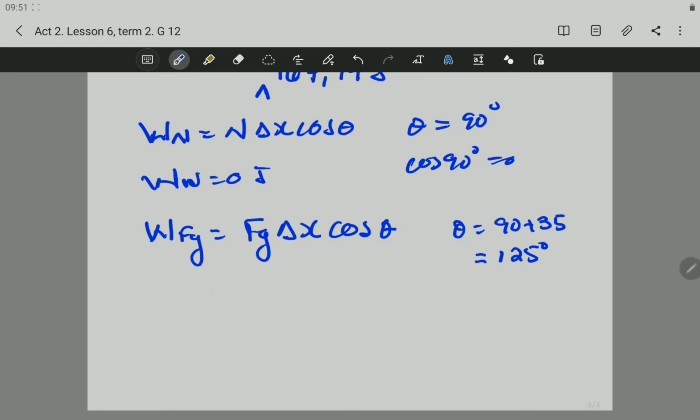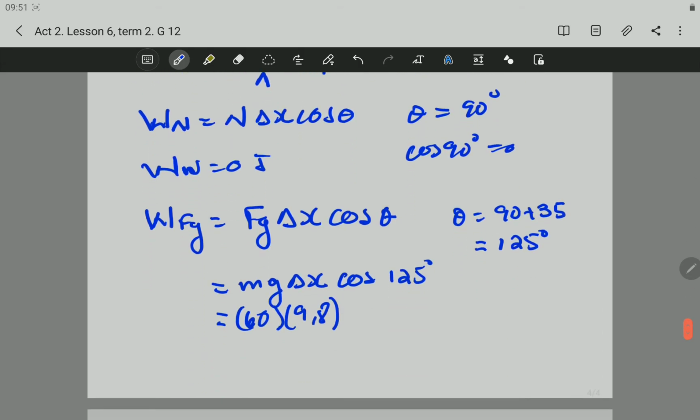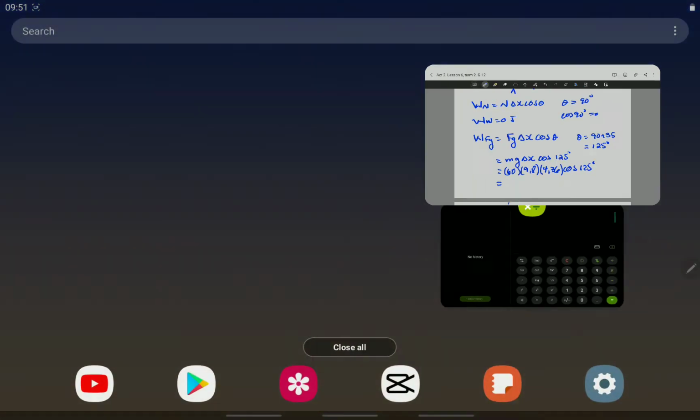Now if you substitute here, you have mass multiplied by acceleration due to gravity multiplied by the displacement multiplied by the cosine of 125 degrees. The mass is 60 multiplied by 9,8 multiplied by the displacement, which was calculated, is 4,36 multiplied by the cosine of 125 degrees. Let's use our calculator.